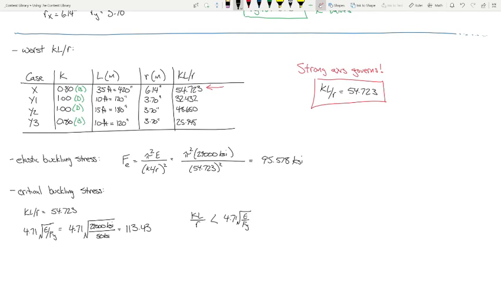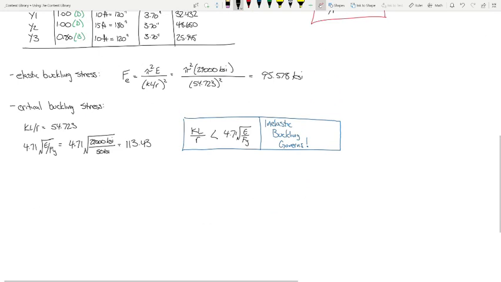And so if KL over R is less than that, inelastic buckling governs, right?